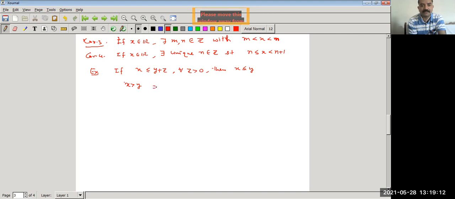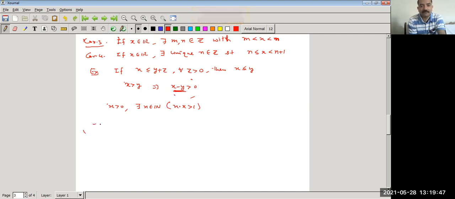If x is greater than y, this implies that x minus y is greater than 0. So what is Archimedean property? Archimedean property is: if x greater than 0 be any real number, there exists a natural number n such that n into x is greater than 1. So this is our real number x, and corresponding to this x, we find a natural number n.